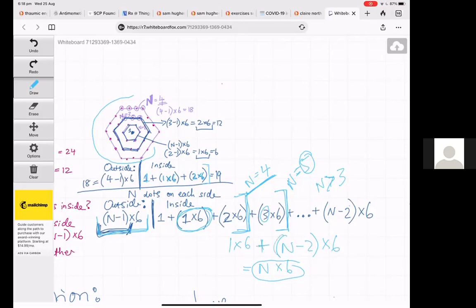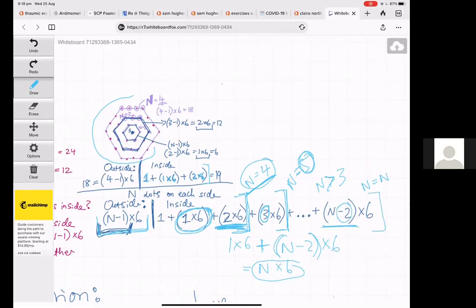And then we add that to the last term, which is 2 times 6 when n is equal to 4, but it's 3 times 6 when n is equal to 5. So when n is anything, you just take away 2 to find out where you stop.